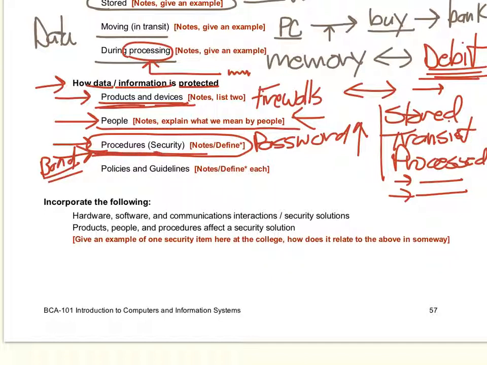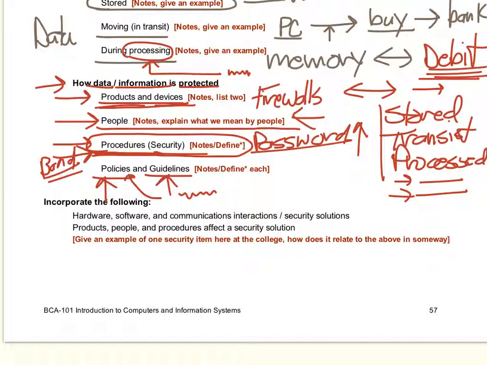How do you know what the procedures are? Well, you write policies. Okay? Some policies are easy to define, others might be more difficult. Or guidelines. Guidelines are good ideas, but they're not a policy. Okay? It's what you should do, but you don't force somebody to do it. They should just follow good guidelines. Some companies force people to change passwords. Other companies say, well, you ought to change your password every 3 months or whatever.